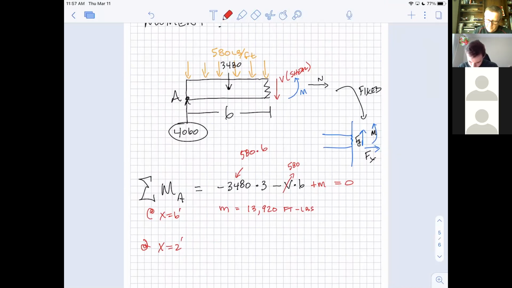So that's going to be a much different number. So that'll be negative 1160. And if this was 2 feet, then the halfway point would be 1 foot. So it's a much smaller number at a much smaller distance.